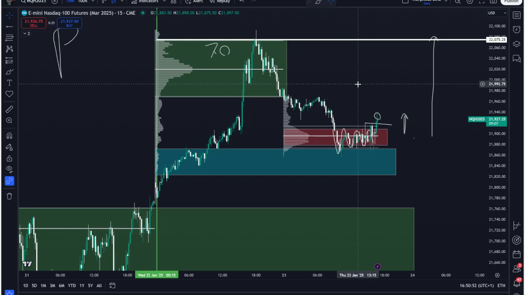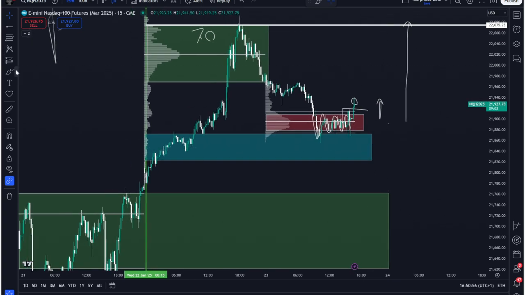Okay? And at the same time, considering how the value area is developing, we can accept this low and do a follow-up to this level. Okay?